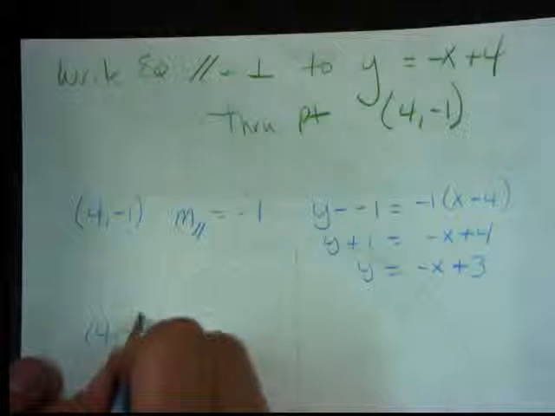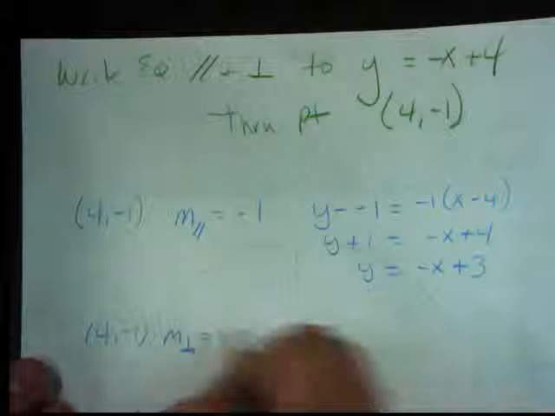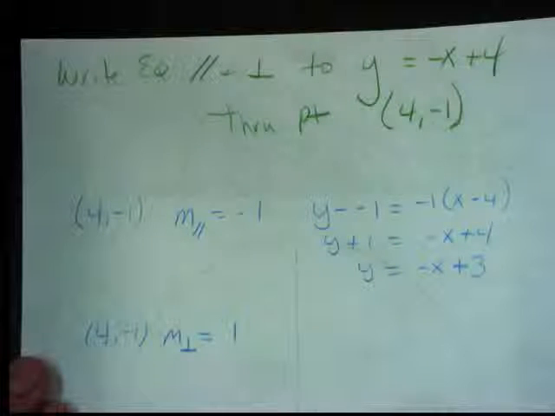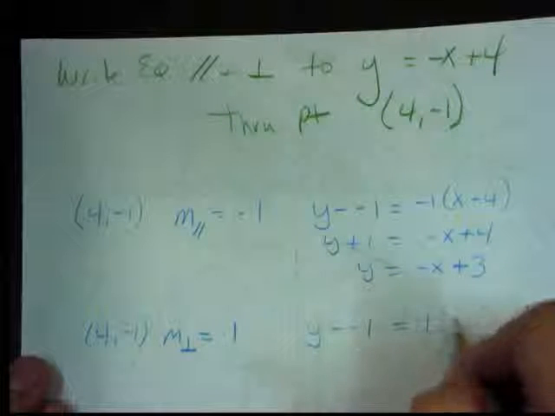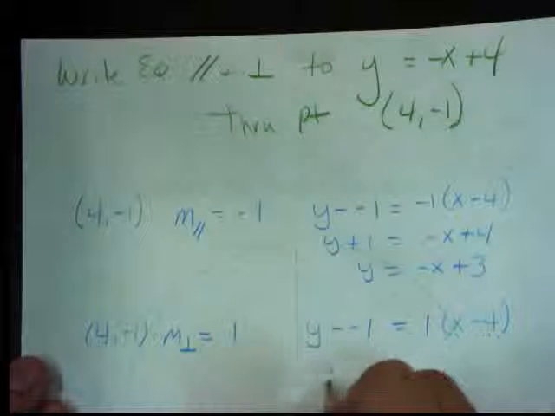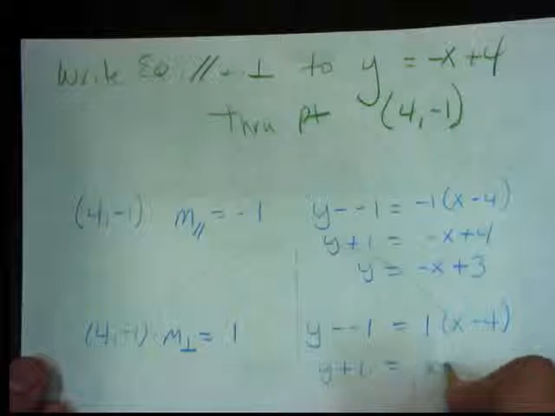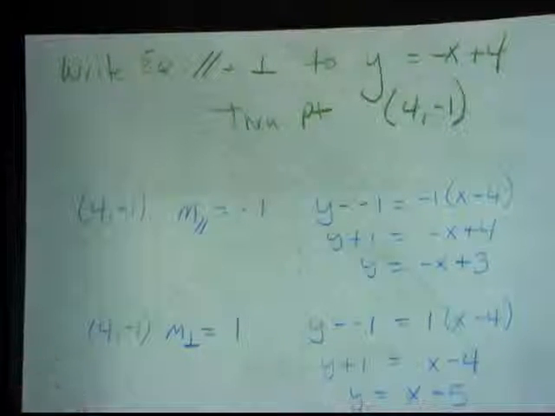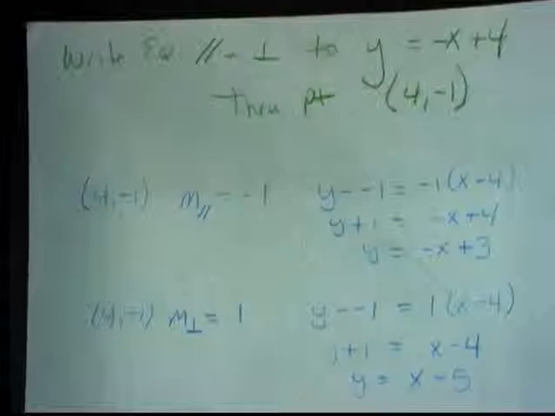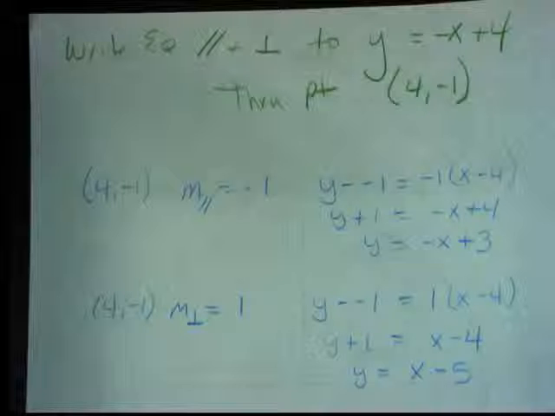The perpendicular slope is +1. y minus y1, m times x minus x1. y plus 1 is x minus 4. So y is x minus 5. That is what you should have gotten when you paused the video and tried it on your own to get the parallel and perpendicular equations.